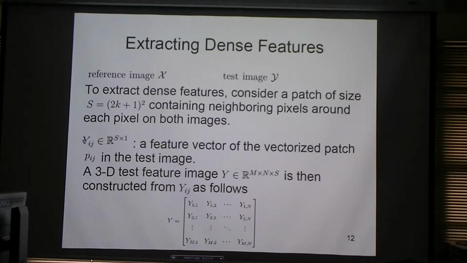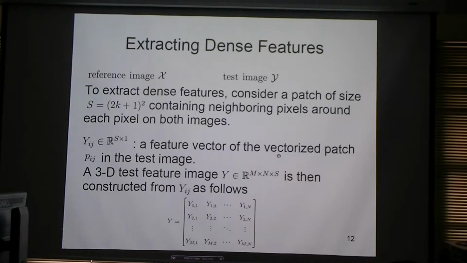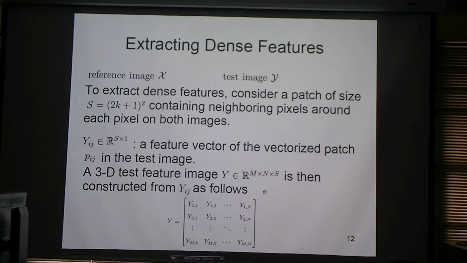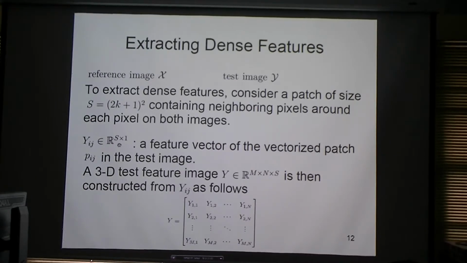We define Yij as the feature vector of the vectorized patch Pij in the test image, and then we construct the 3D test feature image Y, where each coefficient is one of these feature vectors. So Y is 3D with size M, N, and because the feature vector has size S, it is M, N, S.